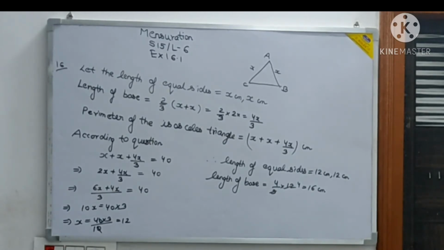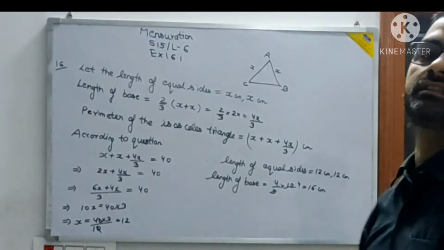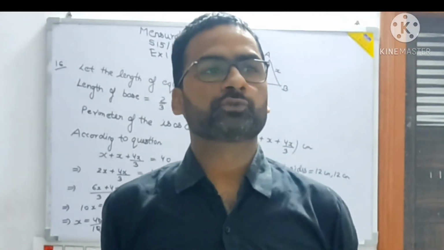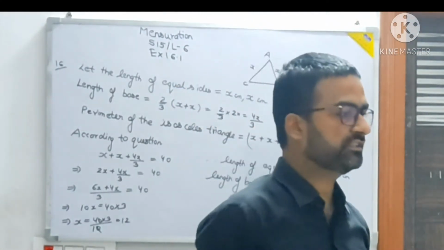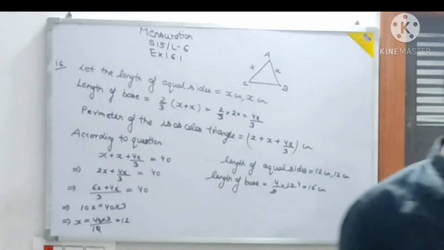Then I am taking up question number 18. Question number 18 says, the base of a triangular field is 3 times its height. Children, if you remember some concepts that you have learned in the chapter of simultaneous linear equations or problems on linear equations, I think lesson 6 it is, then there should not be any problem in doing this question.